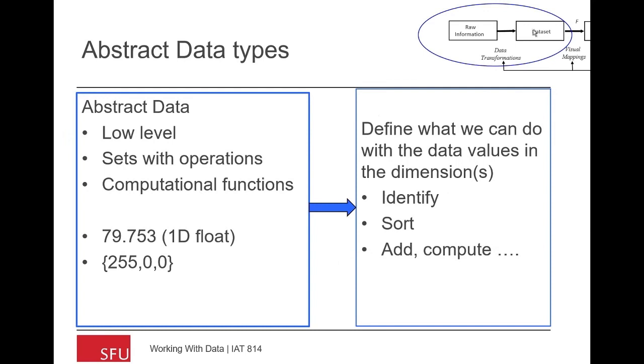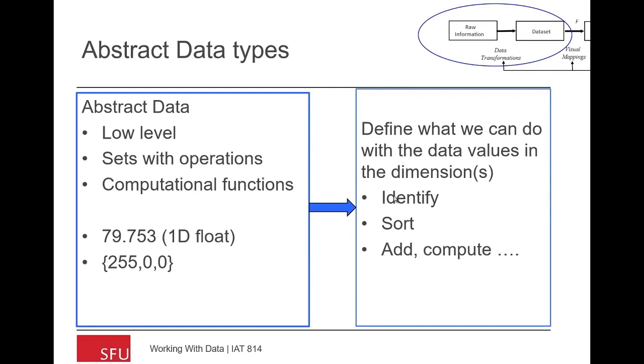And so one of the stages in data transformation is to transform this abstract, very low-level information, floating point, a trio of bytes or 8-bit ints, into information that can define what we can do with the data values in those dimensions.